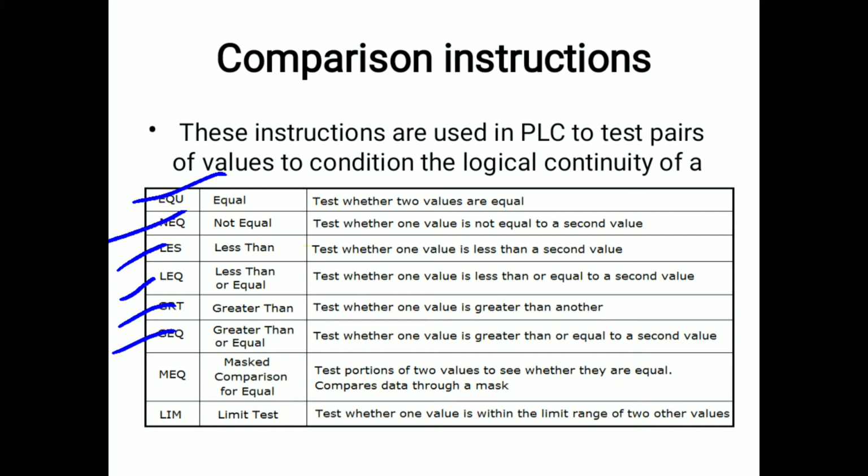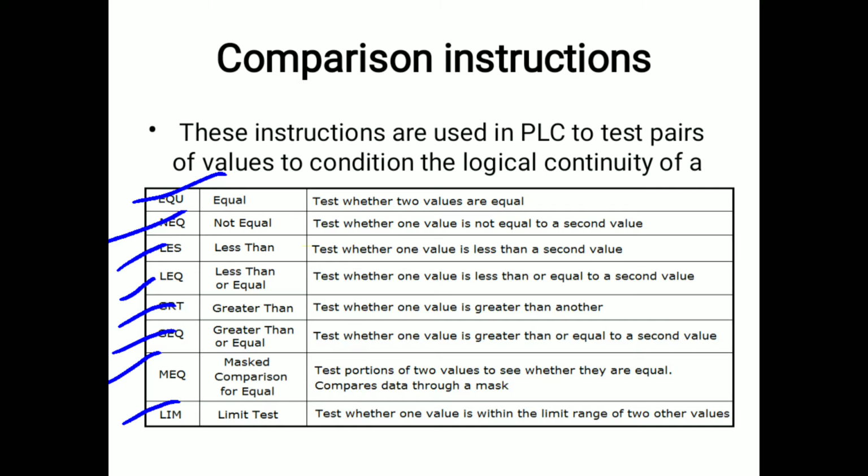Similarly, we have two more instructions. One is called the MEQ instruction, mask comparison for equal. It tests a portion of two values to see whether they are equal. So it doesn't compare the whole data, but only a small portion of the data. For that we can use mask comparison for equal. And similarly, we have the limit test. It will test whether a value is within the limit range.